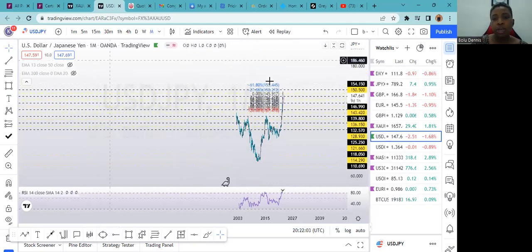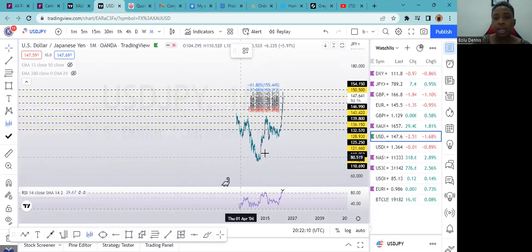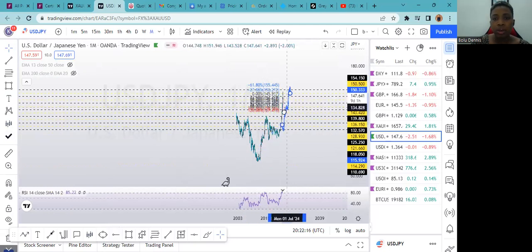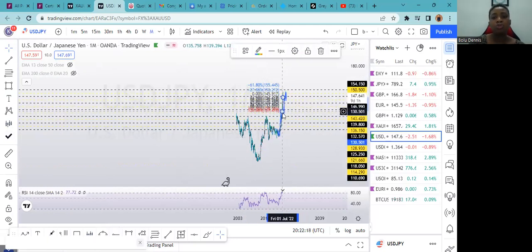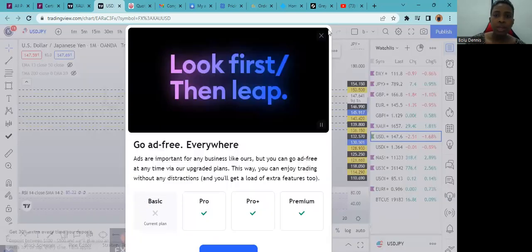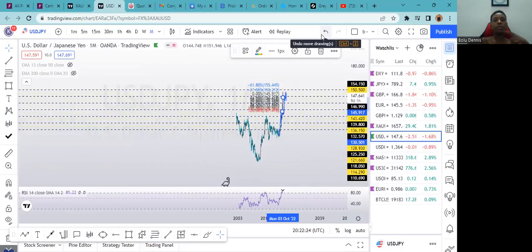So if you look at this impulse move, it is kind of like the same with the previous impulse that created this, yeah, here. You know, the dollar was so strong. So we have our moves, impulse, correction, continuation.